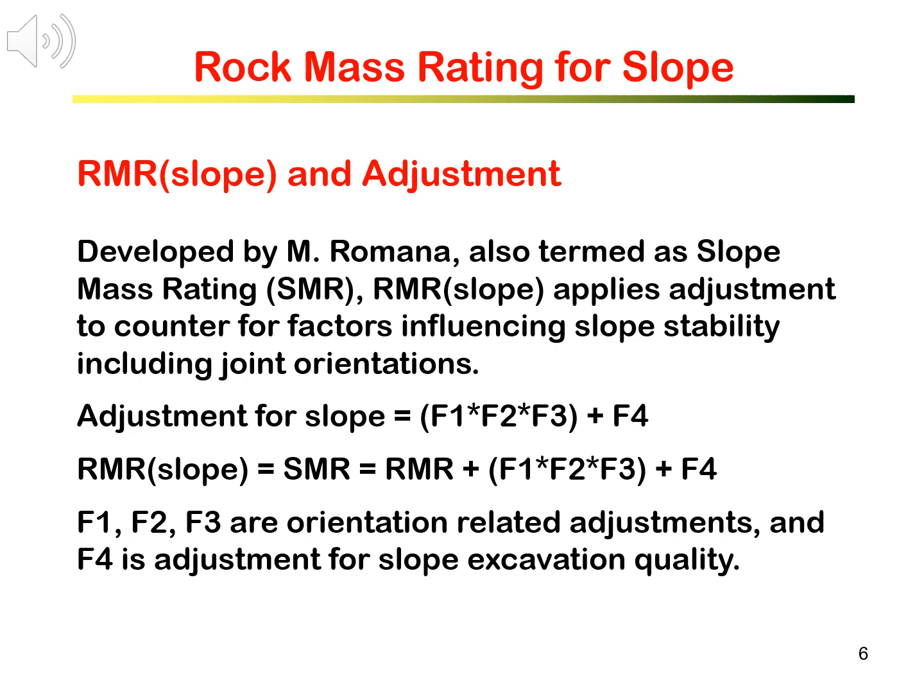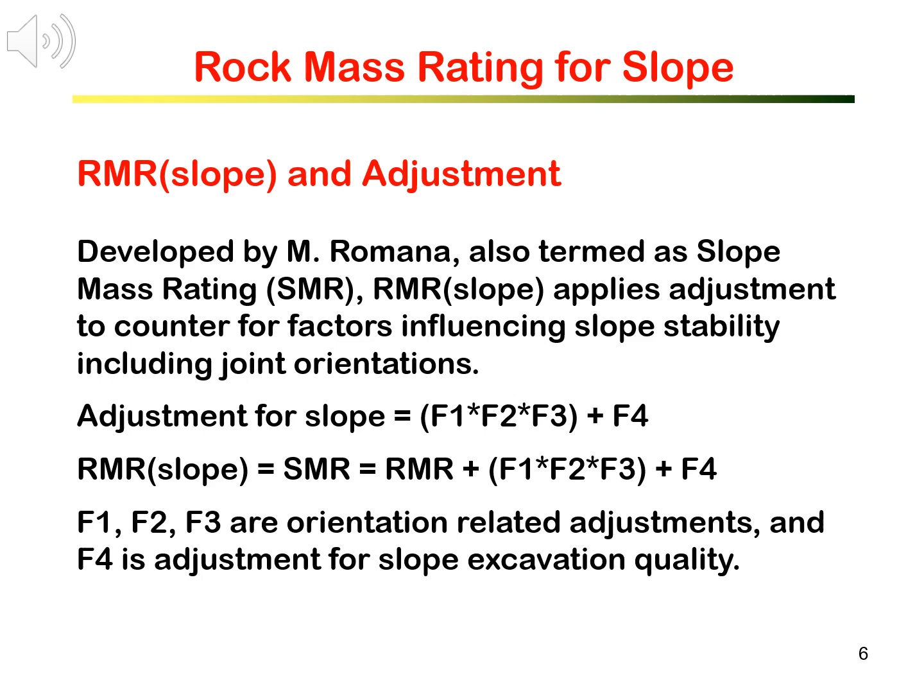The adjusted RMR system for slope is also called slope mass rating. Here, to be consistent with RMR, I use the term RMR slope just to clarify this system is linked to RMR.